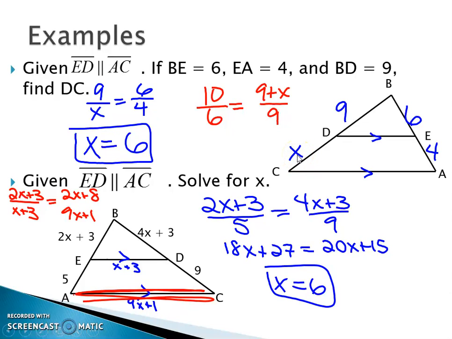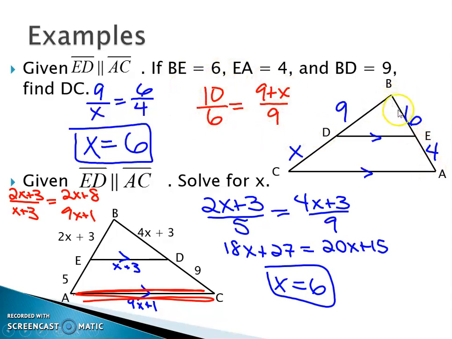So you use proportion to find the missing side. 9 over x is 6 over 4. Set up the proportion. 9 times 4 is 36, divided by 6, x equals 6.